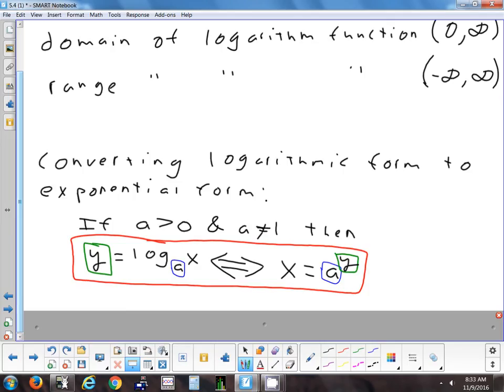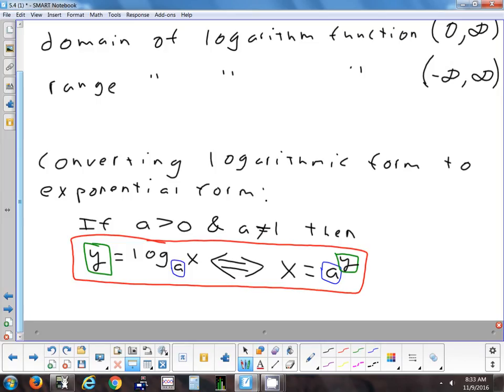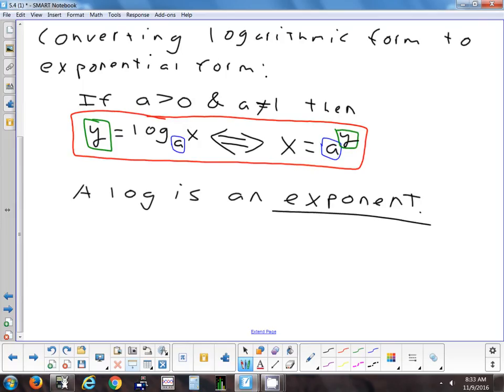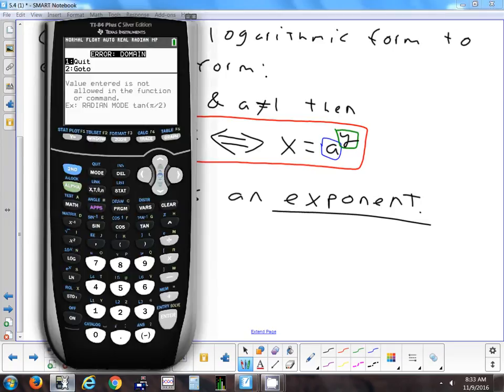If you can remember that, and also remember that a logarithm always equals the exponent. A logarithm is an exponent. So when I type in something like I did before, log 12, and I get 1.08, that 1.08, this number right here, is an exponent to something.